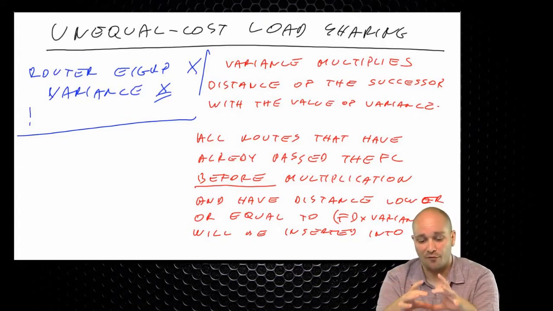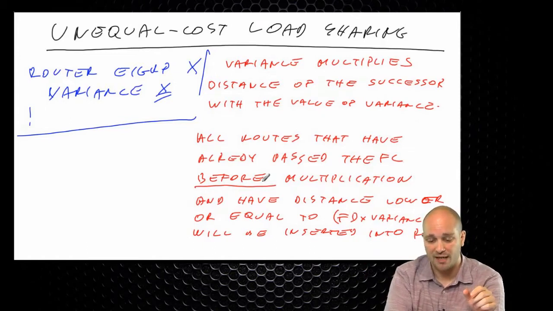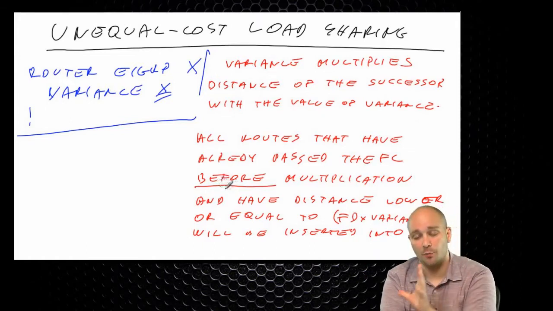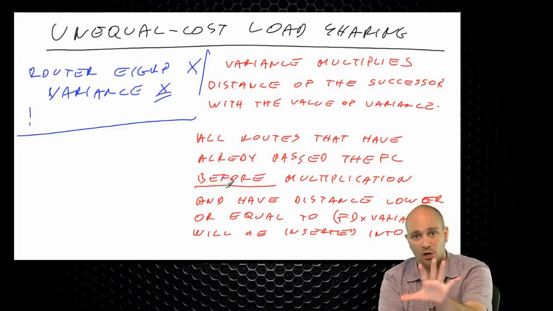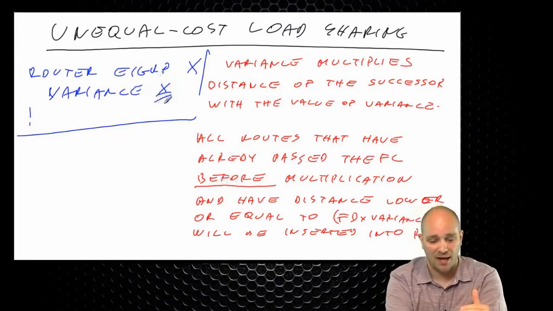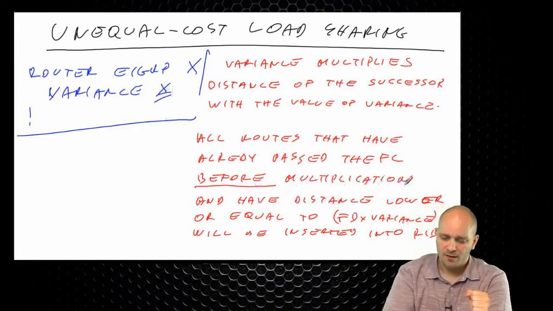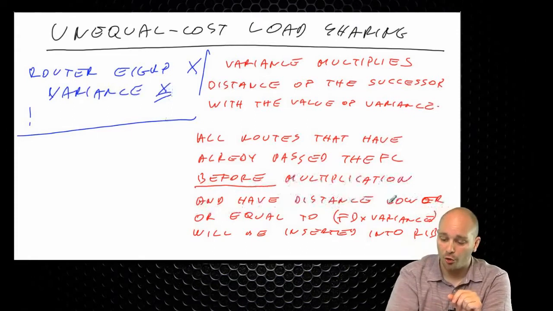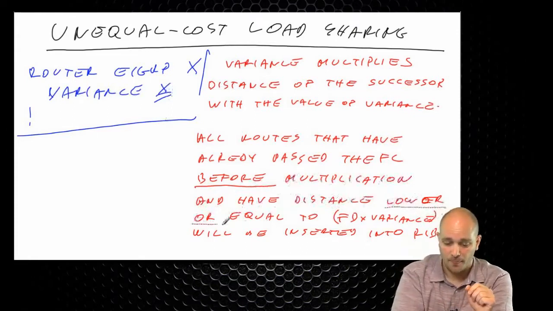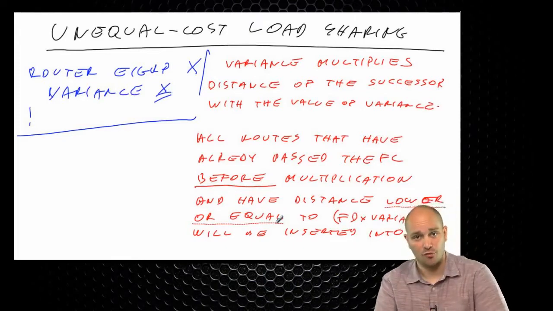So those routes that have already passed the feasibility condition before the multiplication has happened are now going to be considered for load balancing. So now we are taking a look at the distance of the successor multiplied by the variance, and all those routes that have passed the feasibility condition that have their own distance lower or equal, so in this case lower or equal actually is okay, unlike feasibility condition, are going to be inserted into the routing table.